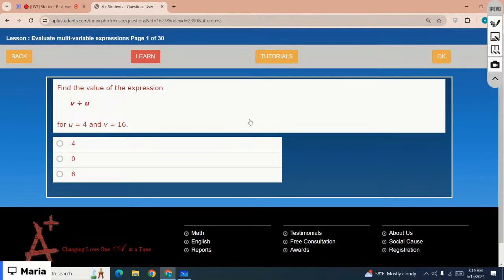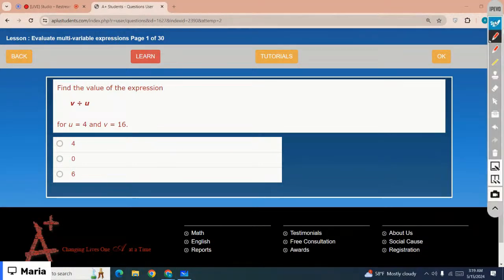Find the value of the expression v divided by u. So replace the variables with the value. You have two variables here, u and v. You have to evaluate them for u equals 4 and v equals 16. Simply replace them. See, v is 16 and u is 4.